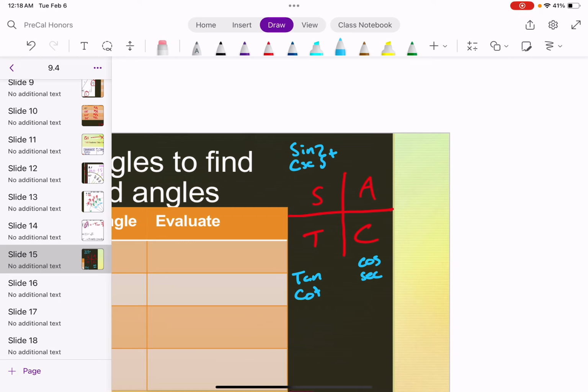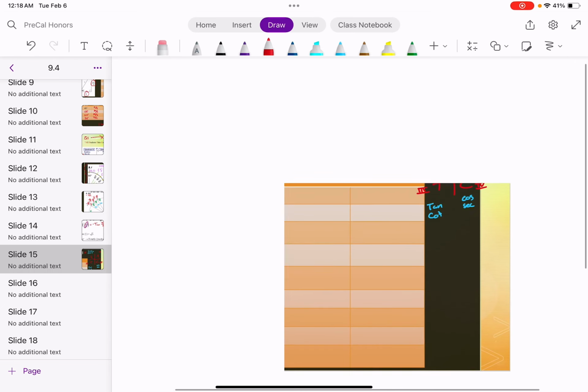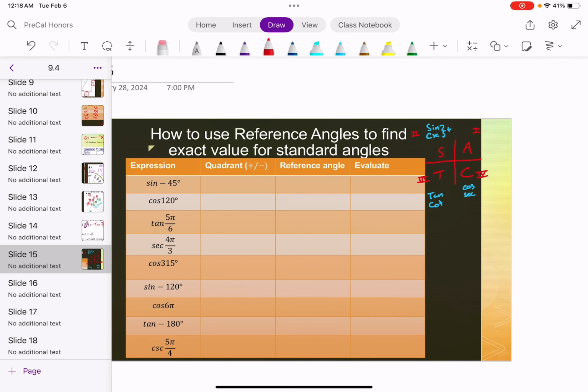Now, understanding which quadrant this is going to be in is also an extremely important factor. So keep in mind we have quadrant 1, 2, 3, and 4. Understanding the quadrant that it's going to be in is going to help identify whether it's going to be positive or negative. So let's start off with our first problem.